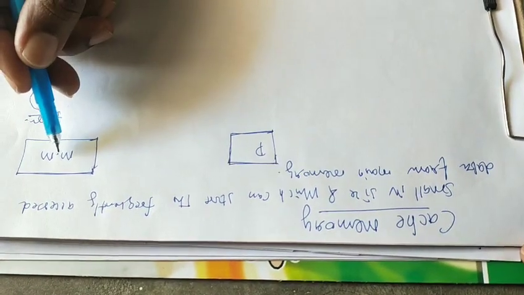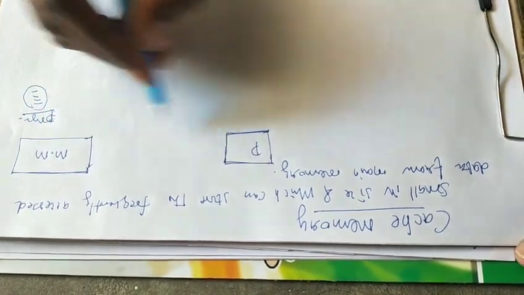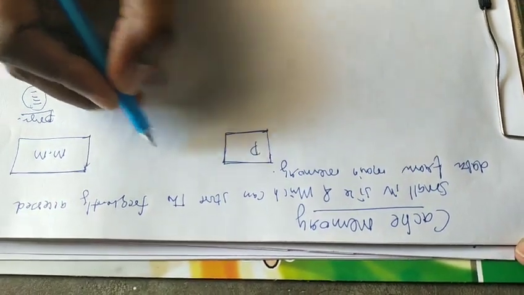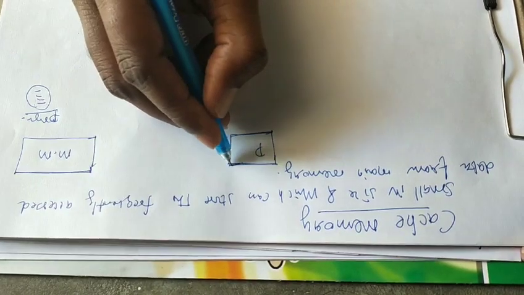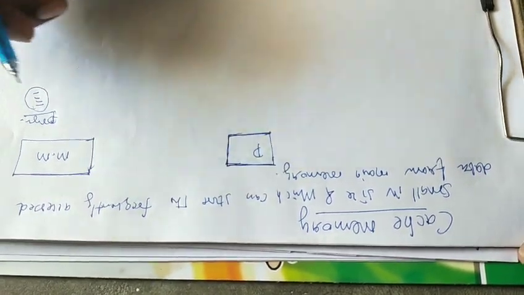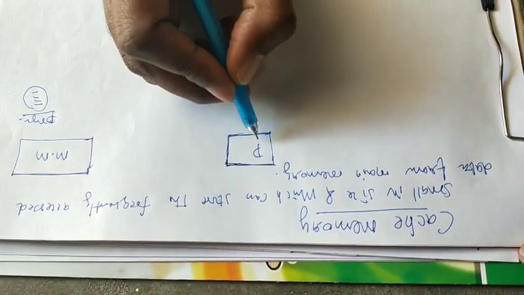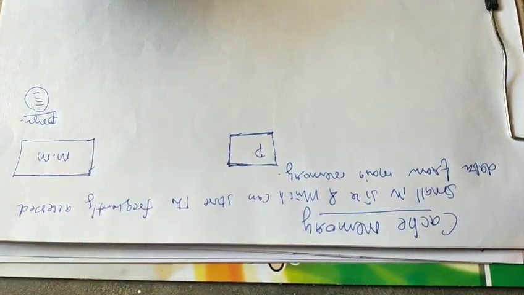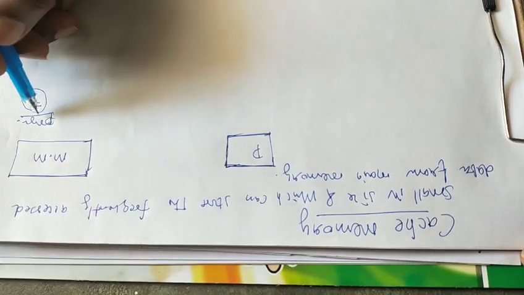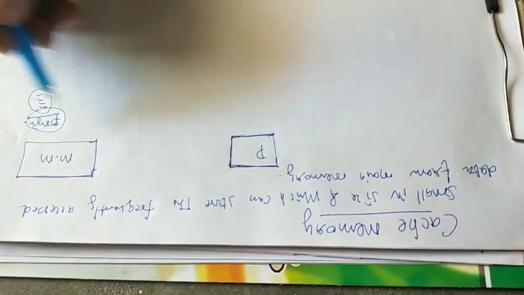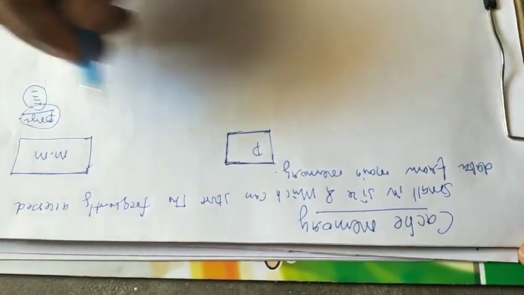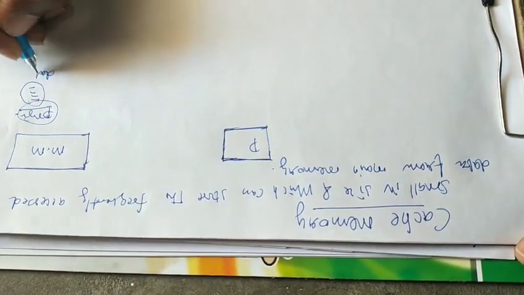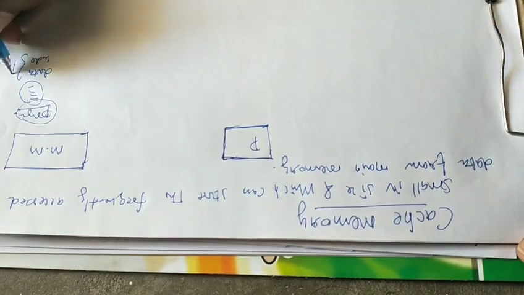So in this situation, what is the need of cache memory? For that we should understand one main concept. At a time, the processor needs the code and data of a particular program; it does not need all the instructions of the program.